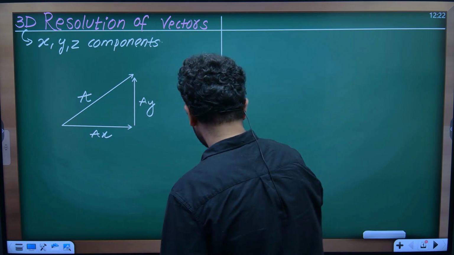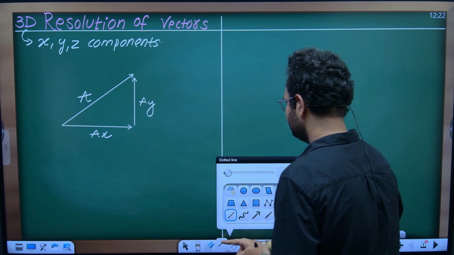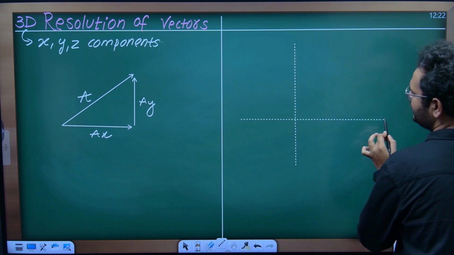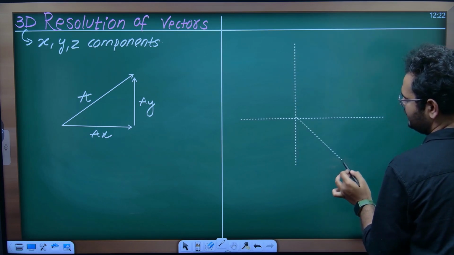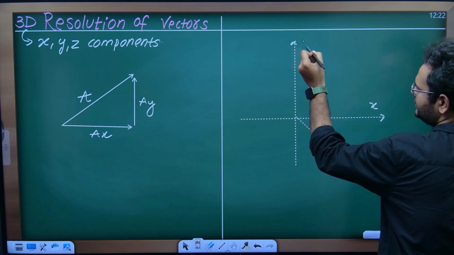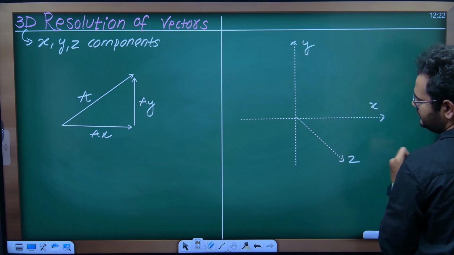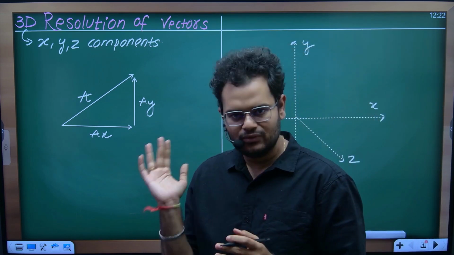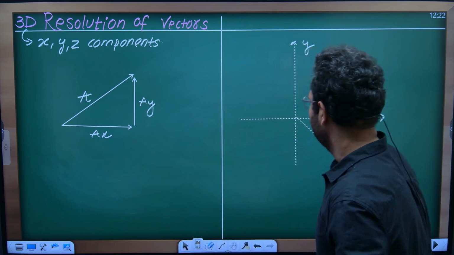So first you need to remember the sign convention. The basic sign convention of x, y and z you must know, right? Suppose this is the x axis, this is the y axis, and this is the z axis. Positive z we take outside the plane of paper, coming towards you.